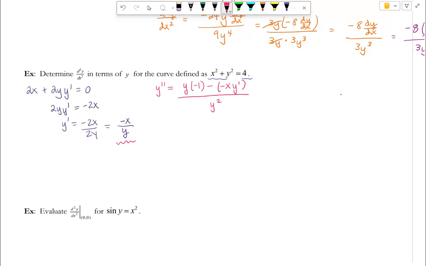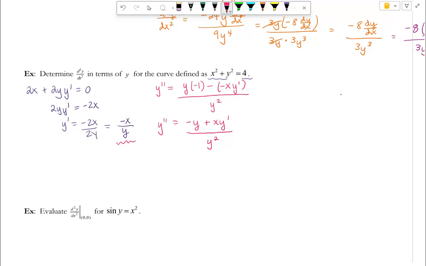As we clean up our signs, that's negative y plus x y prime over y squared. And notice I cannot factor out a y here because in my numerator one term has a y and the other term has a y prime. I cannot factor and cancel a y because y prime and y are not the same thing.